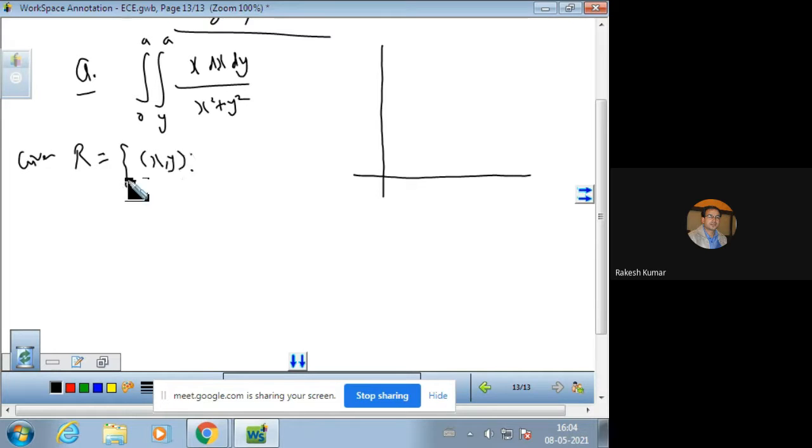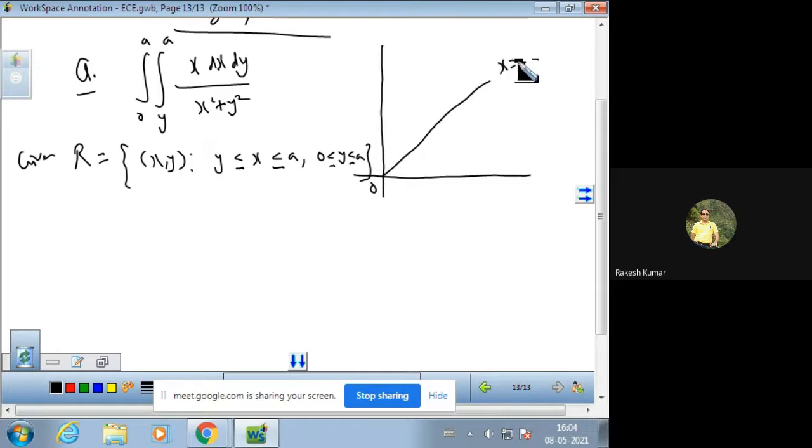This is in the xy plane, where these are the limits of x and these are the limits in y. The limits of y are 0 to a. So we can plot y equal to x, that will be the line y equal to x, and x equal to a is this.